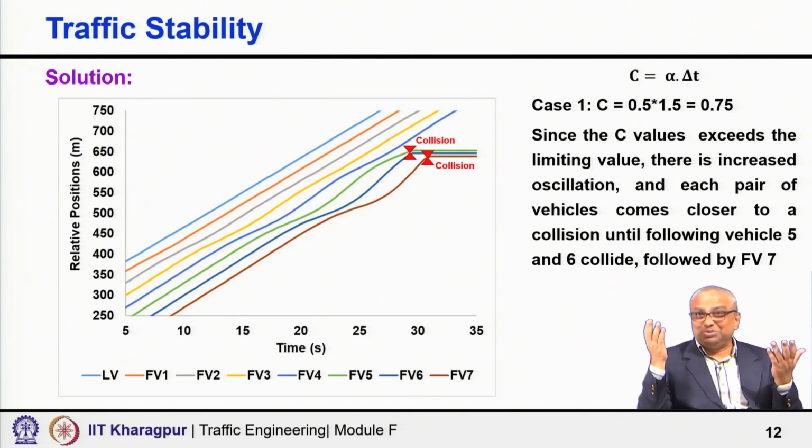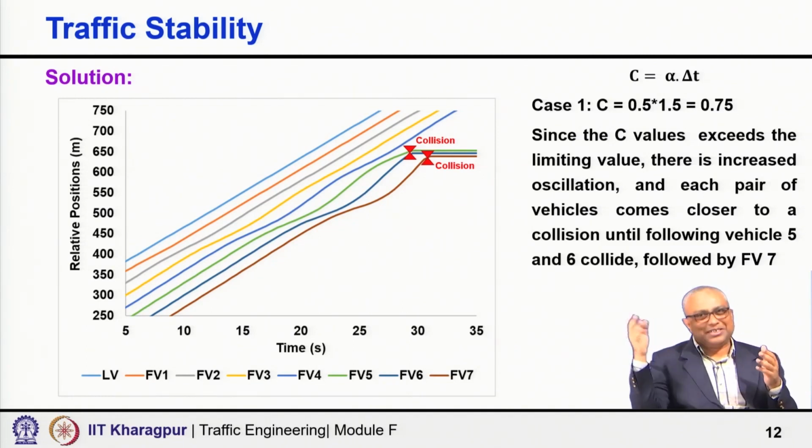I have explained in the previous lecture with that example problem how to calculate each step: the speed of the following vehicle, the acceleration of the following vehicle, and then the x 1 value, x 2 value, similarly x 3, x 4 for all the vehicles, and then the relative position also we can calculate.